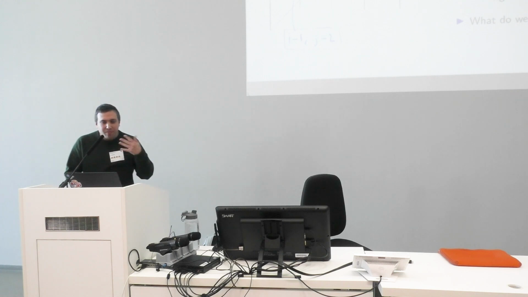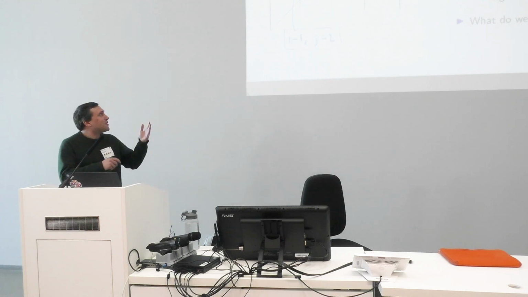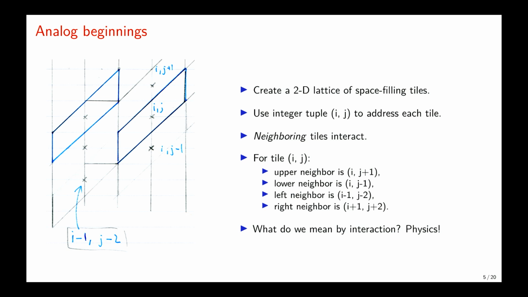And then we also want to somehow interact these tiles. And I will explain in a minute what I mean by interact. But first of all, we also need to know what are actually the neighbors of the tiles, right? So I want to have something to do with the neighbors. Depending on how the neighbors are, they should do something. Now for the upper and lower neighbor, that's really easy, right?